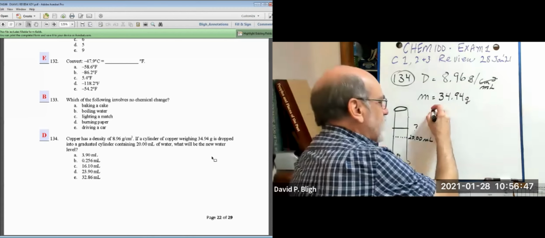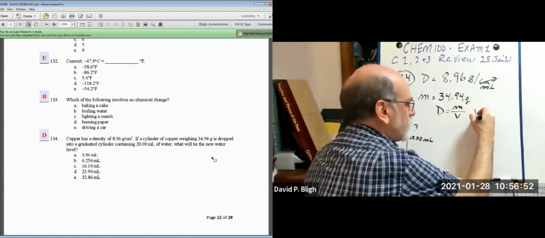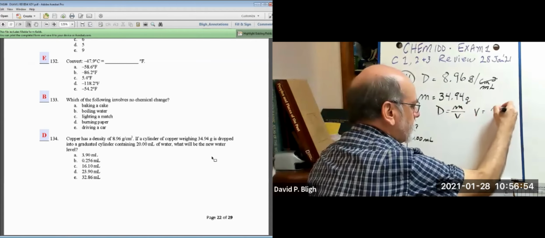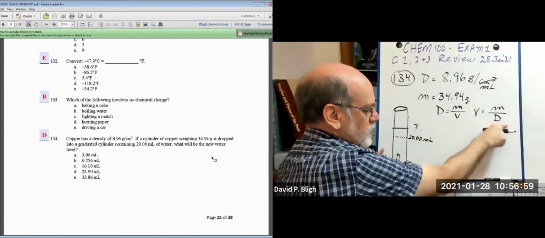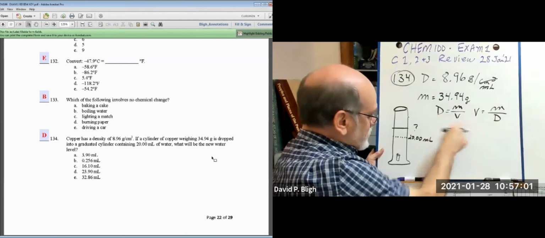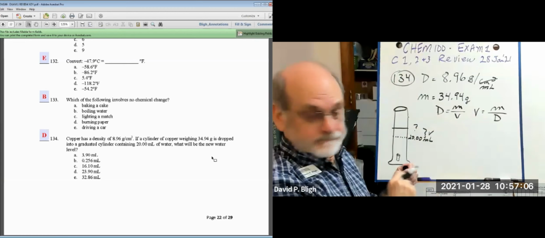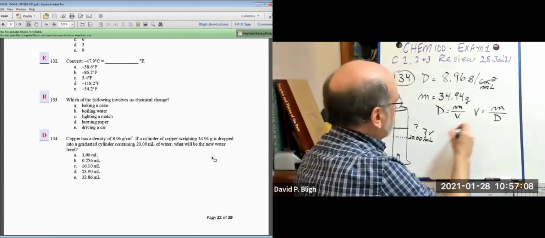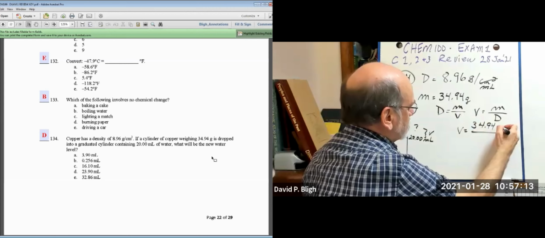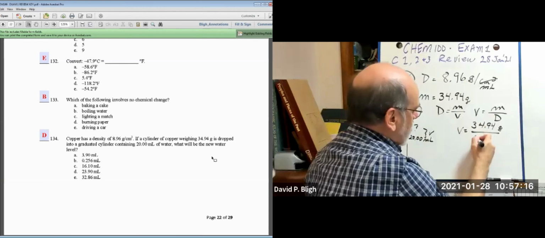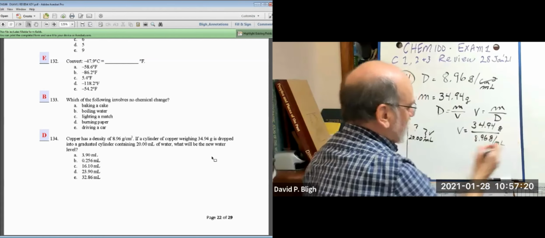So what we need is to solve the density equation for volume, right? That comes over here, that goes over there. So we get this. This is equal to the V here. So we have mass divided by 8.96 grams per milliliter, right?